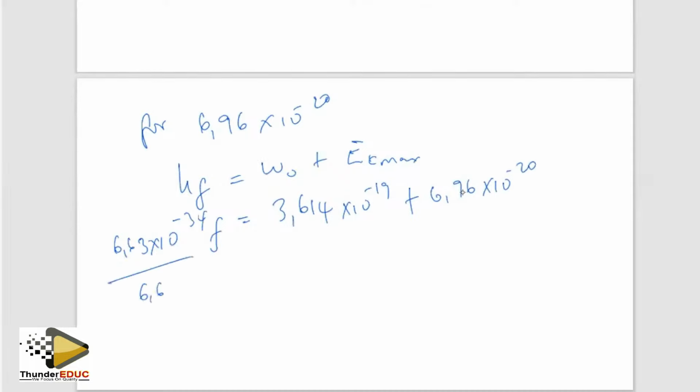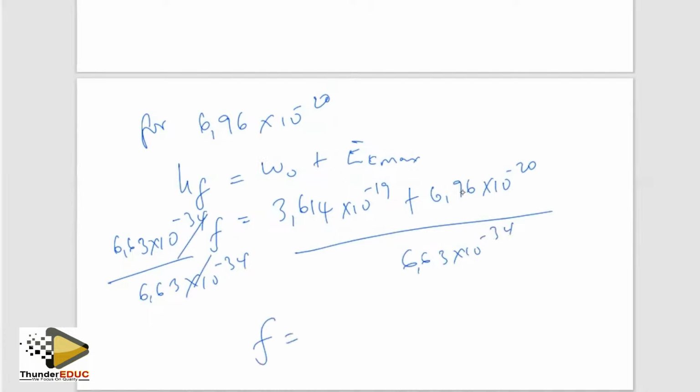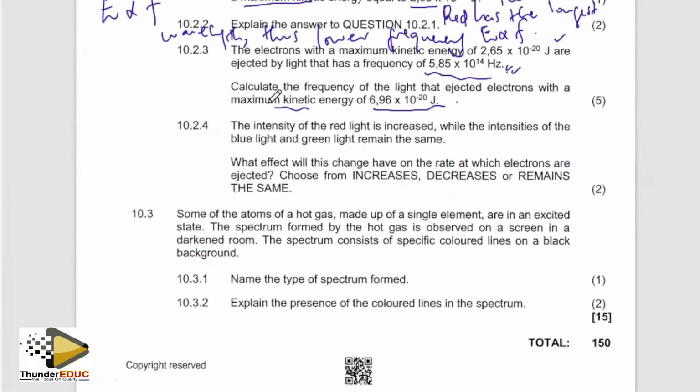Then I'm going to divide both sides by Planck's constant. When I punch that into the calculator, I'm ending up with 6,5 times 10 to the 14 hertz.